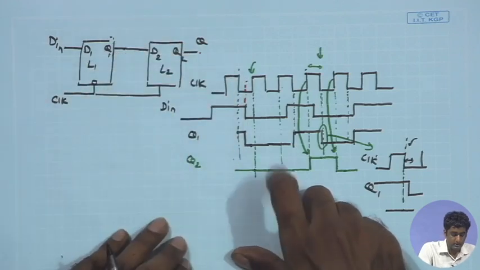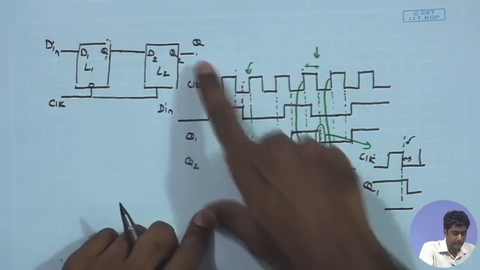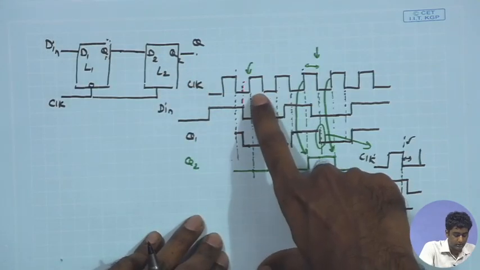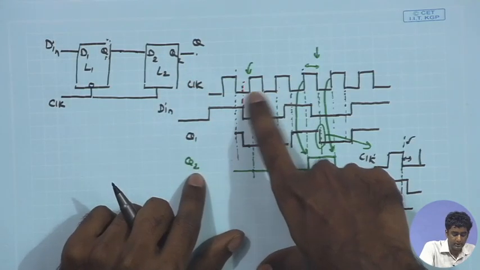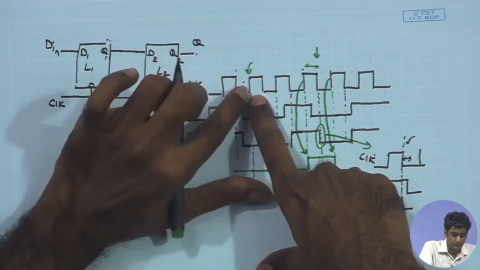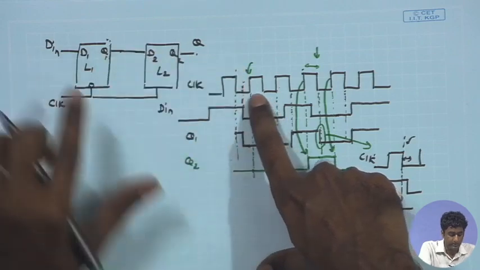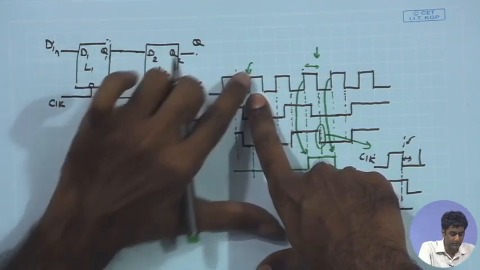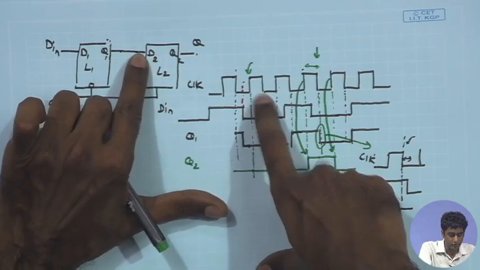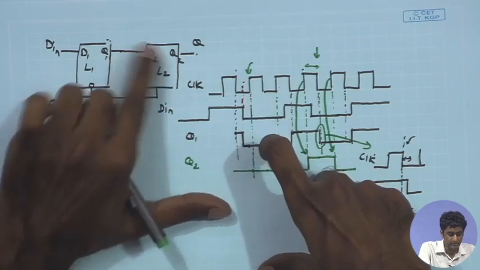And in the other case, if I look at the L2 operation, it is doing the opposite. It becomes transparent during the high phase, and therefore, whatever data is available at the input D2 during the high phase, it will be copying that to Q2.